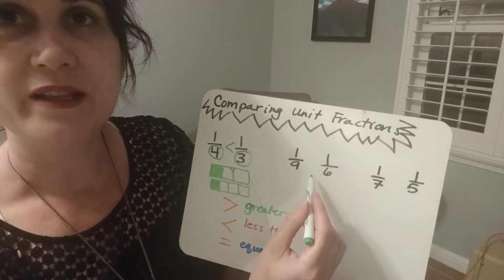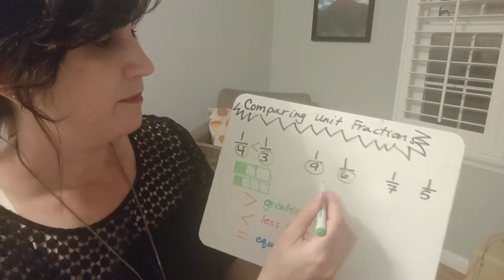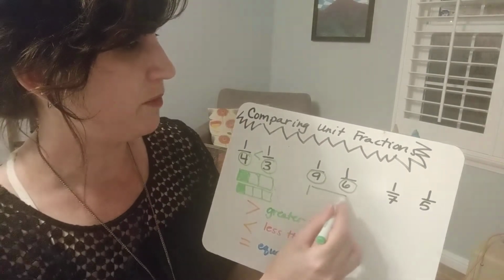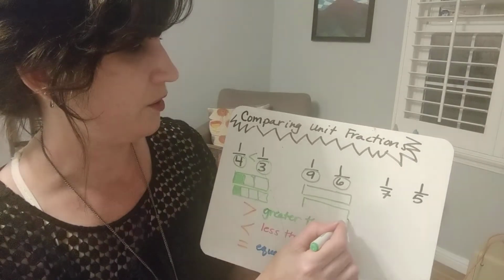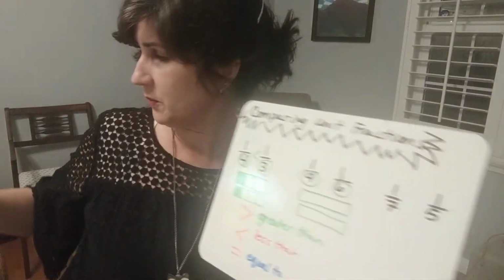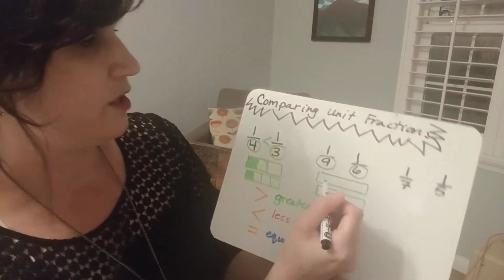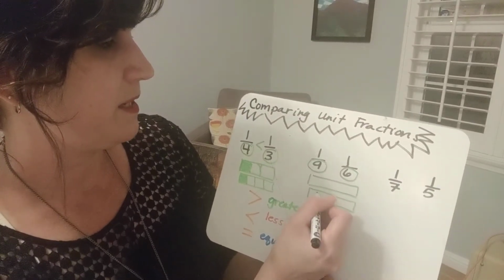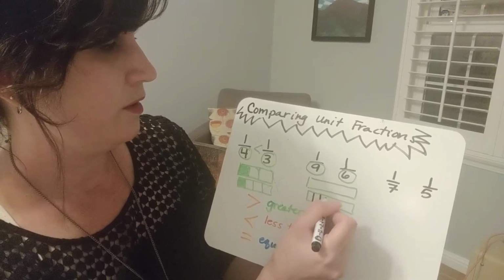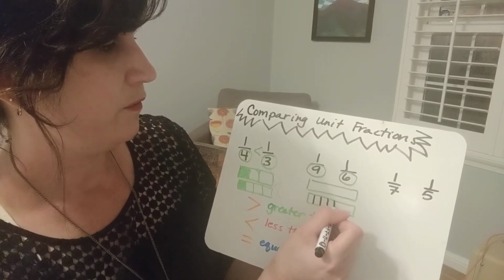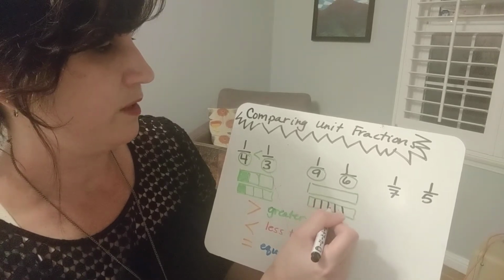Moving on, 1/9 and 1/6. So now I can look again, but maybe I'm not sure. So maybe I want to, again, draw a picture. And this time I'm going to use black. I know that's a little bit easier to see here. So we're going to make 6 pieces. 1, 2, 3, 4, 5, 6.